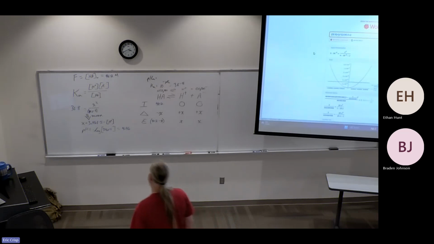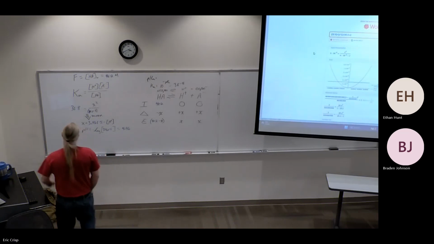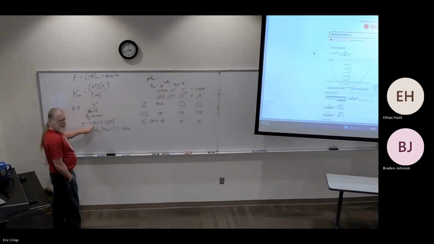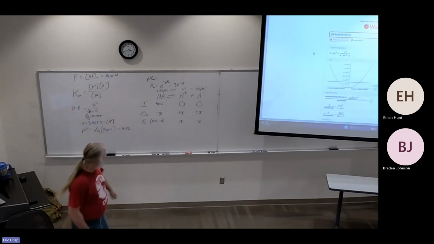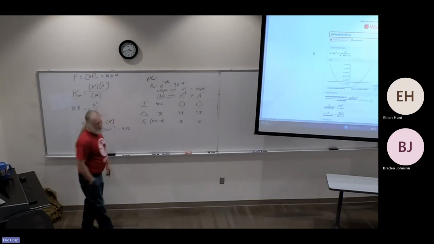All right, tell me where the difference lies. So you have this guy. You have negative 6. Does that match what I had? No, I had negative 8, didn't I? All right, let's look at that.